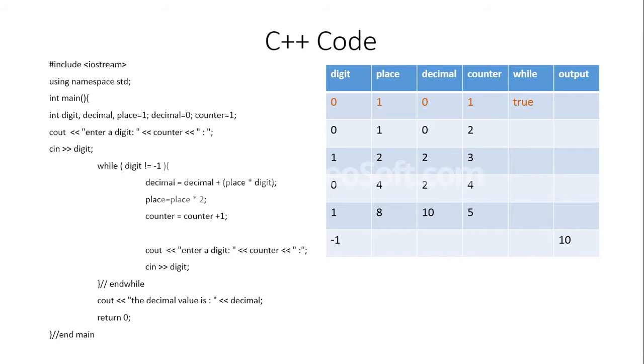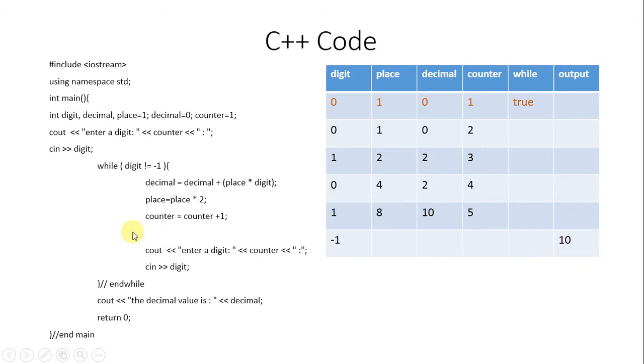The user enters the value 0, and the place is 1, decimal is so far 0, and the counter has become 2, and the condition is still true. I have omitted these values: true, true, true. It should be written there 0, 1, 0, 1. As soon as the user enters -1, the output is 10. So you can try by your own self, but let's move to live coding.